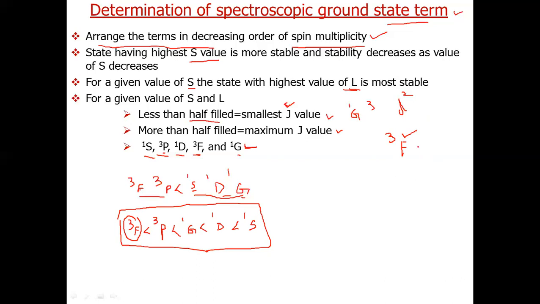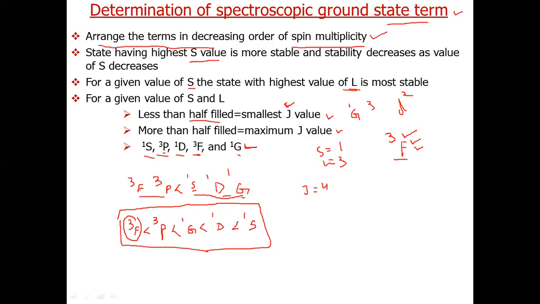Now we can also calculate in terms of J. I will apply J values only to this symbol, 3F. You can apply to all the symbols and write the order, but I will just apply to 3F. For this, S is equal to 1 and L is equal to 3. So J is L plus S, which is 3 plus 1, 4.